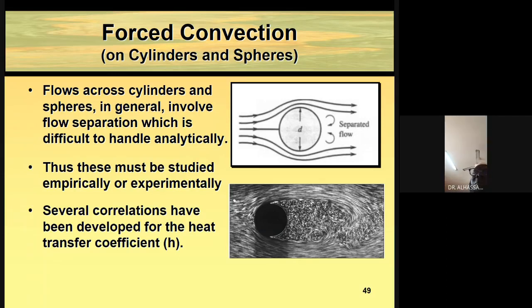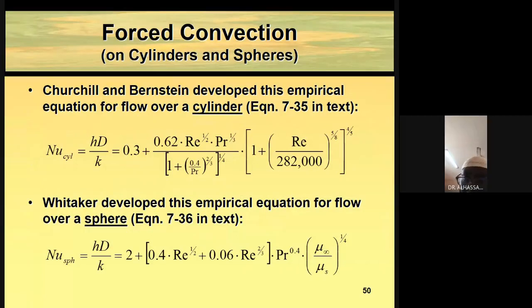But today, we're going to look at the nature of forced convection across a cylindrical object or even a spherical object. Similar correlations apply with regard to forced convection across flat surfaces.